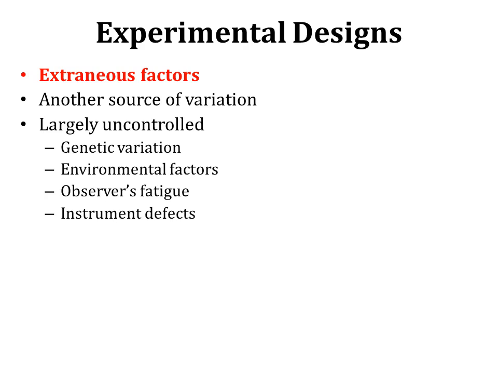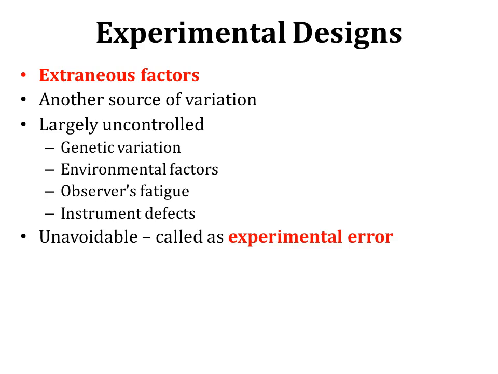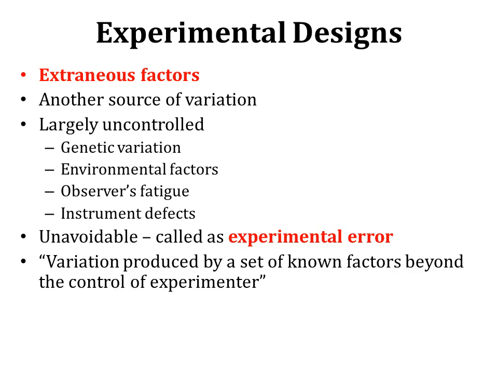So these are the sources of variation that are largely uncontrolled. These are known as extraneous factors. And these are unavoidable, and they result in a source of variation which is known as experimental error. So this is basically a variation produced by a set of known factors beyond the control of the experimenter, right? So we know about these factors.